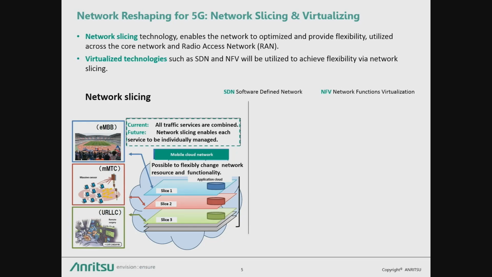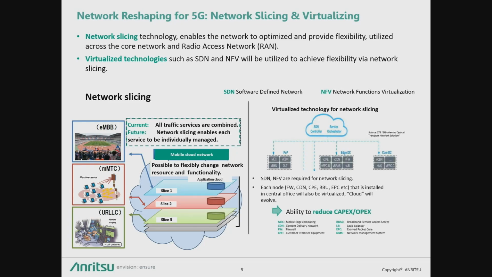Although they are on the same physical network, they're treated very differently depending on how they're prioritized by the network itself. So you combine that with virtualized technology, and I mentioned this briefly in my early presentation, that of software-defined networks and network virtualization, and you have a self-dynamically adjusting network.